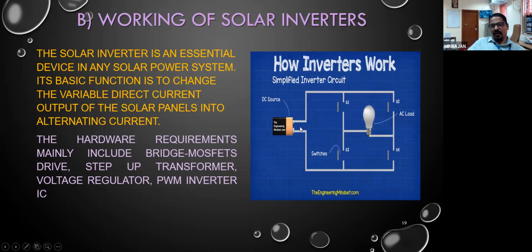At other times S3 and S4 will be on, S1 and S2 will be non-conducting, and S3 and S4 will be conducting. That time the supply will go from here through S4, through S2 and S3. So like this, we all studied the basics of an inverter, that DC is converted into AC.